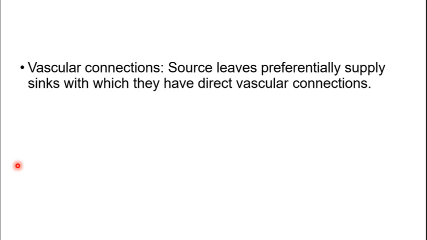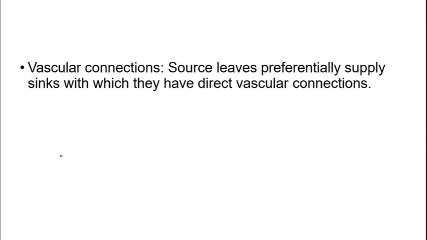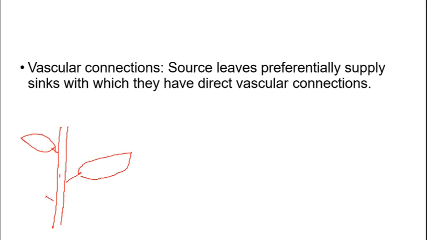Now, vascular connection. Source leaf preferentially supplies sinks with which they have direct vascular connection. So, if this is a leaf, this is again a developing leaf, and this is again a leaf, here the vascular connection is this way.